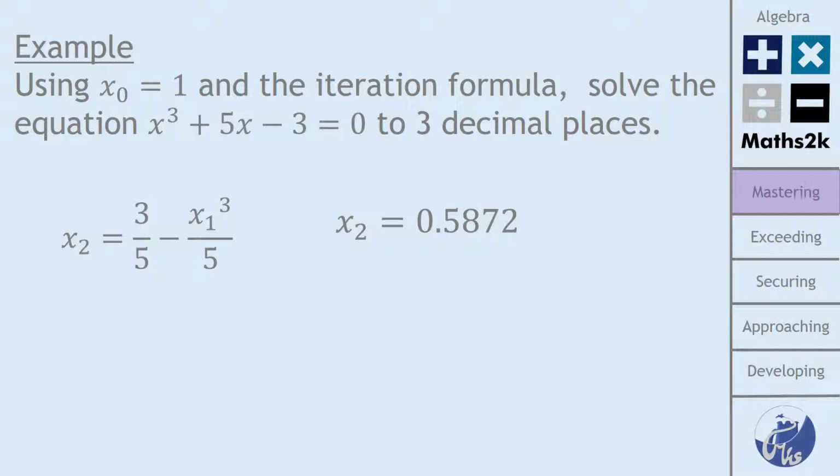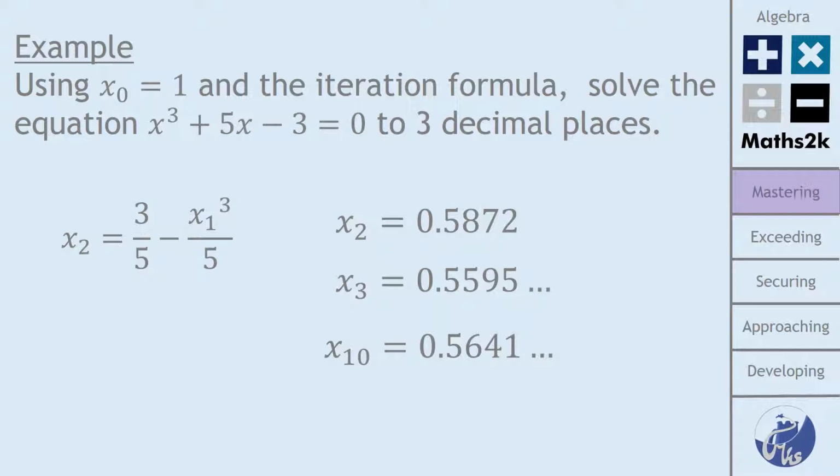But in this case, we only need the answer correct to 3 decimal places. And it doesn't matter how many iterations we do. So what I would typically do is do several iterations to get there. So the next iteration would be 0.5595, and there were more digits, which I've rounded at this point. And you'd keep going, and by the time I got to the 10th iteration, I could tell that it wasn't going to change much after this.